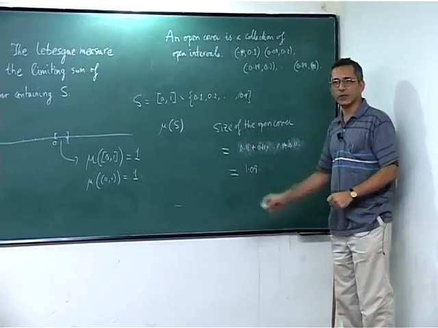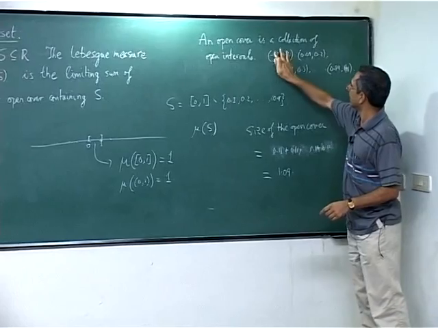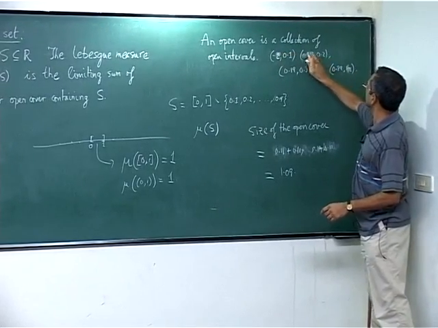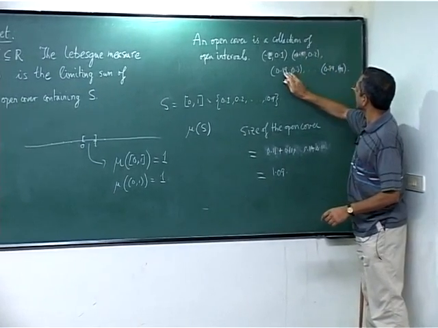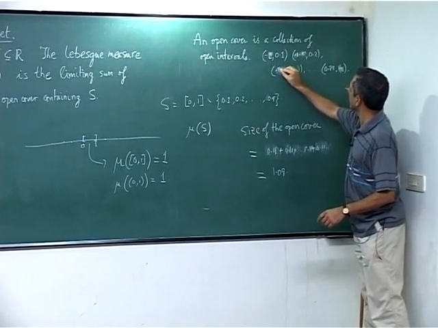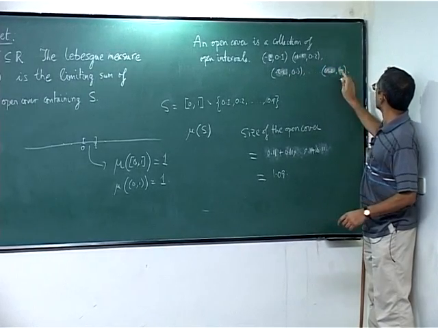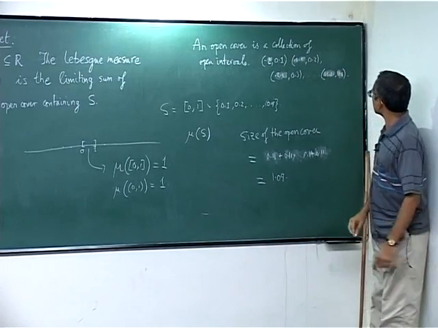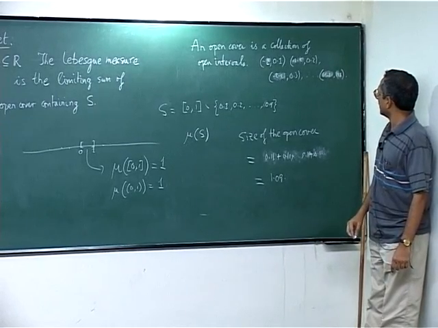But I can find a smaller open cover. Instead of taking a 0.01 here, I could replace this 0.01 by an epsilon. Instead of 0.9, I'll have 0.1 minus epsilon, and here 0.2 minus epsilon, etc., 0.9 minus epsilon. In the end, I'll have 1 plus epsilon. And what does that give me?